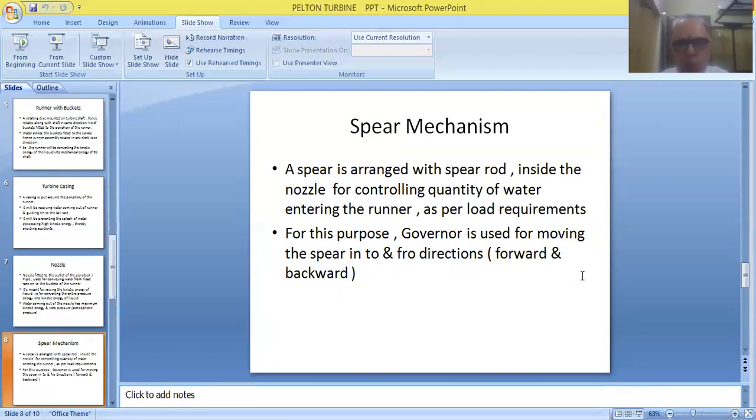And when the spear moves in reverse direction, it will be sending more quantity of water. So when the load on the turbine increases, it will be sending more quantity of water. When the load on the turbine decreases, it will be sending less quantity of water. So the spear rod and all these things put together are referred to as a spear mechanism.